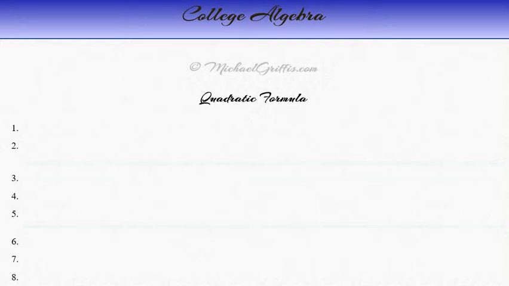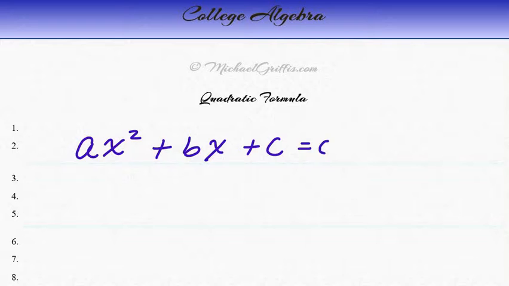If you've never completed the square before, this is probably a bad time to learn because we're doing it in a general setting and we're not really working with any numbers. But this is your quadratic equation where A, B, and C are real numbers. So we might say that A, B, and C are elements of R.